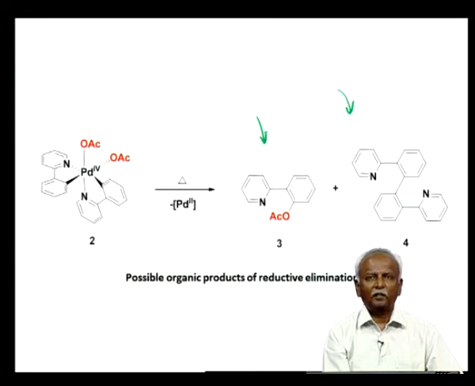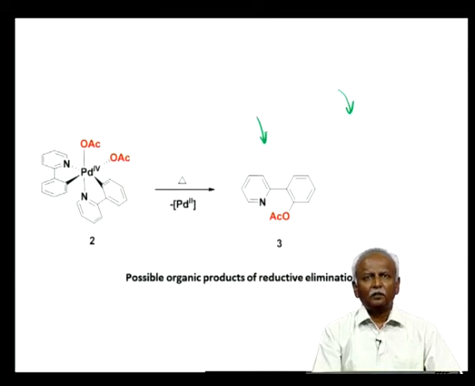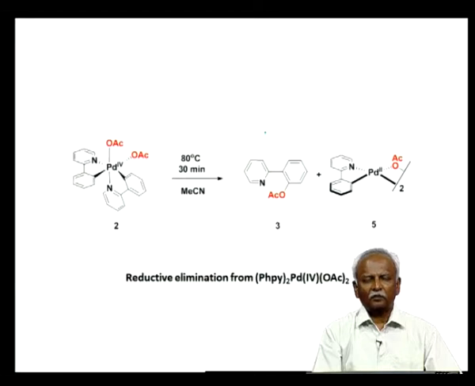And as I mentioned earlier, although two products are possible, during the catalytic cycle you ended up with only the acetoxy product, and so only the acetoxy product 3 is formed when you heat it. And so, we would like to understand how exactly this whole reaction is happening.